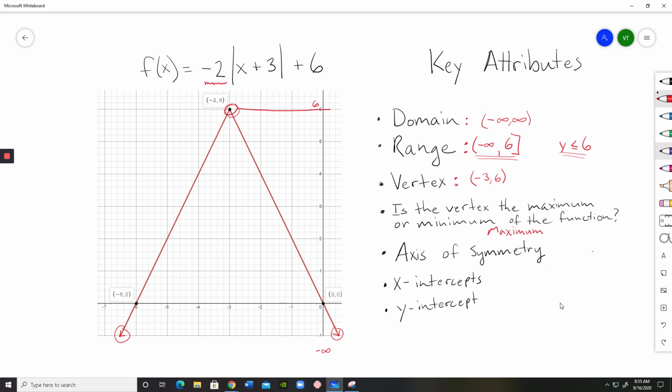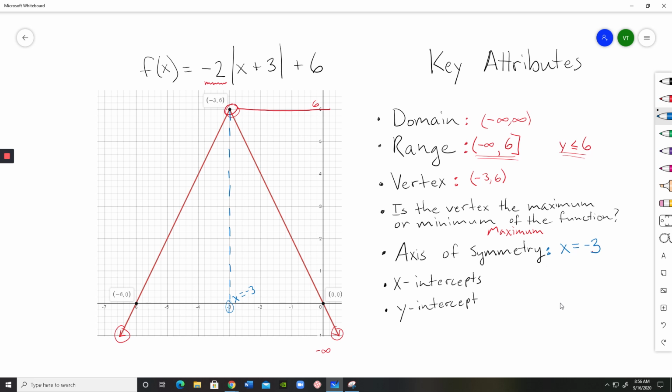And what is the axis of symmetry? Well, remember, the axis of symmetry would be that invisible line that cuts the graph perfectly in half, and we're looking for the x value because it's a vertical line, and so that's at -3. So x equals -3 is our axis of symmetry.